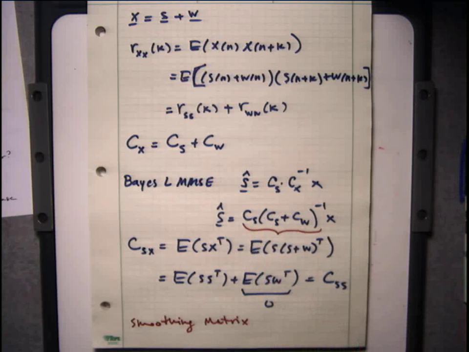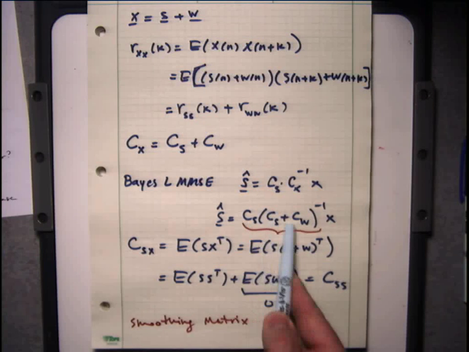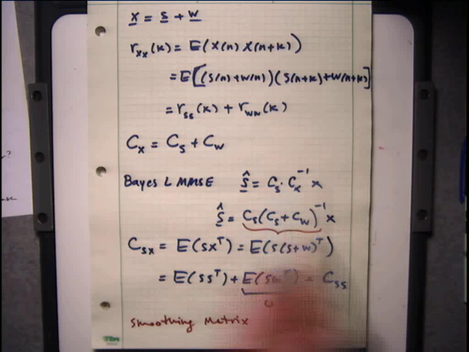Let's just think about everything in terms of scalars. So this is the variance of the signal divided by variance of the signal plus variance of the noise. Right? Now divide everything by the variance of the signal. So let me write it in scalar fashion so you get a rough idea.